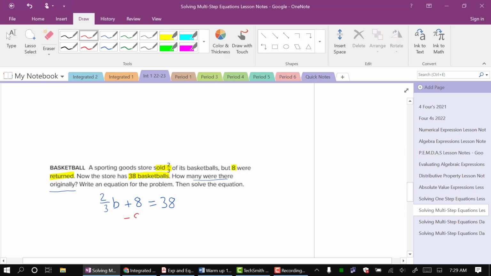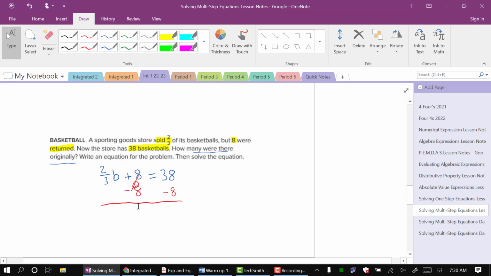So I'm going to start off with subtracting 8 from both sides. Positive 8 and negative 8 gives you a 0. I can bring this down because I'm not doing anything with it on this line. So that gives me 2/3 times b equals 30. Multiply by the reciprocal.